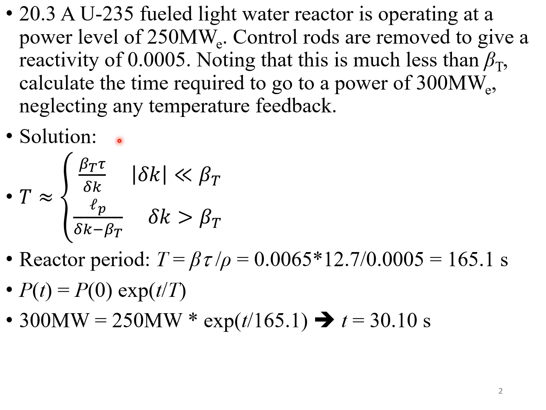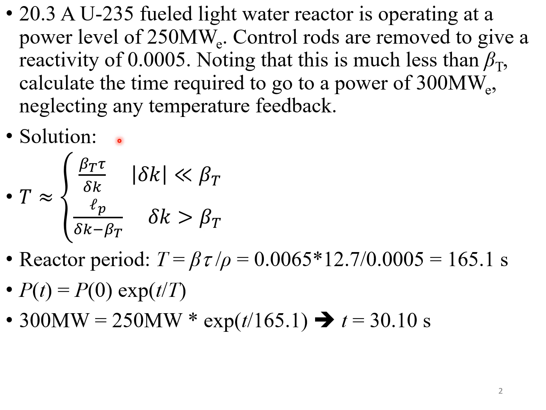So this is a transient problem. First, based on the fact that this reactivity is much smaller than the beta, the beta is 0.0065 for this uranium-235 light water reactor.